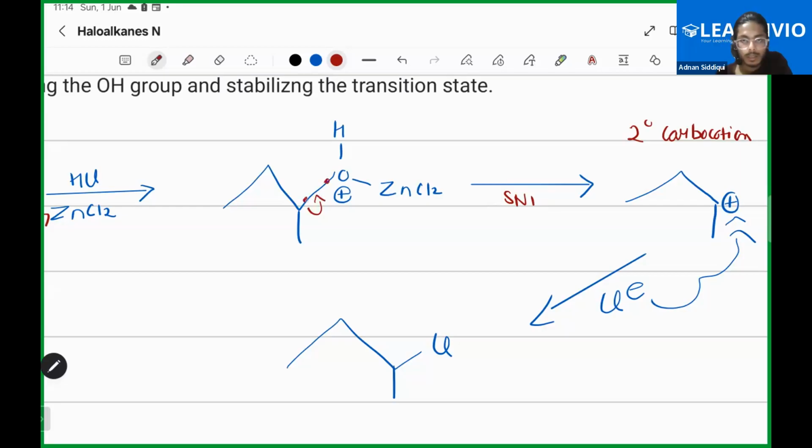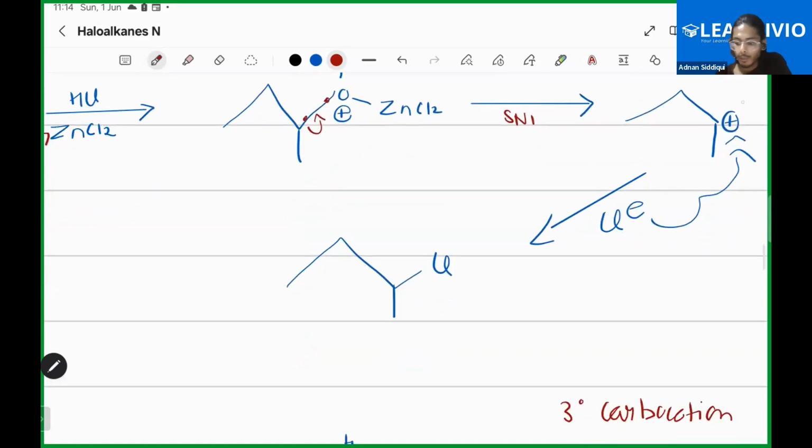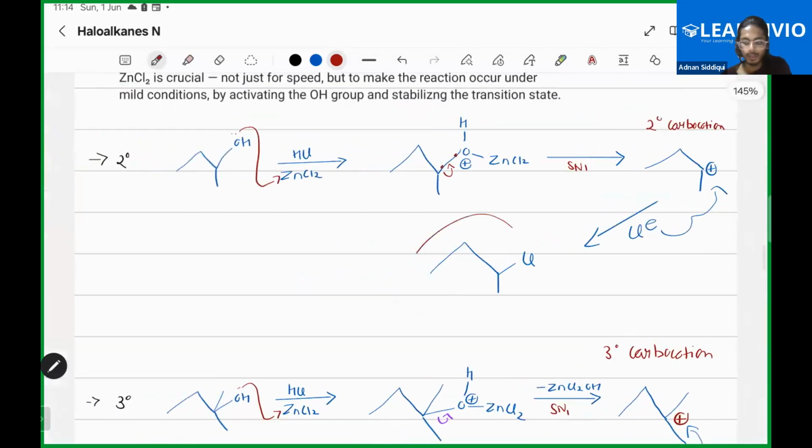The two electrons in this single bond will be taken away by oxygen to stabilize its own positive charge, and it will leave a positive charge on the carbon. So this is the positive side. And in our reaction, we have Cl negative, which will act as a nucleophile and attack at this positive side, and it will form our desired product.